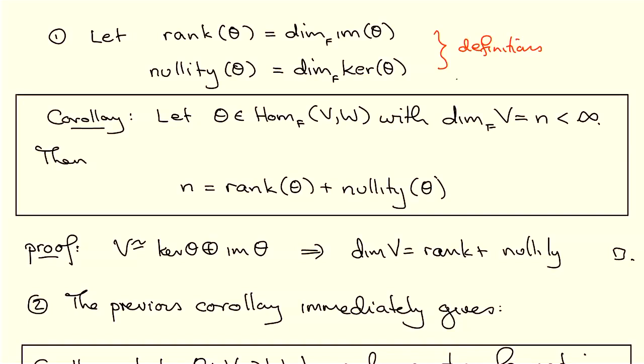So whatever these two spaces were, if you take the external direct sum, in this case of the kernel and the image, it'll be isomorphic to this space over here, because it'll be of the correct dimension.